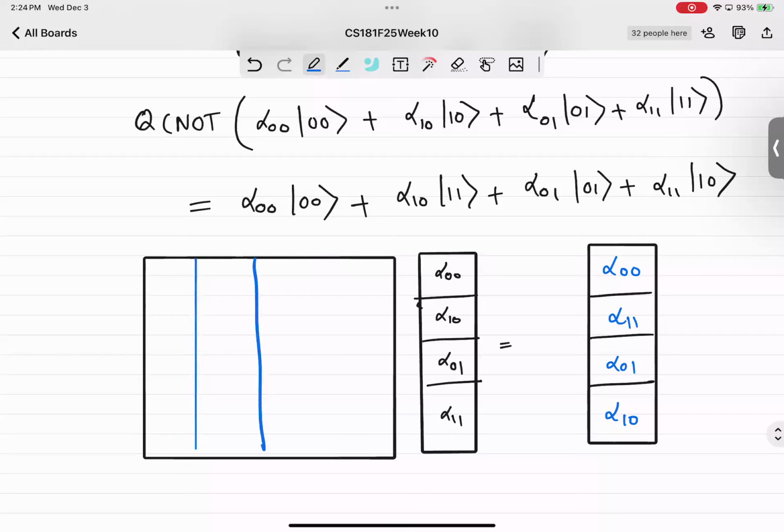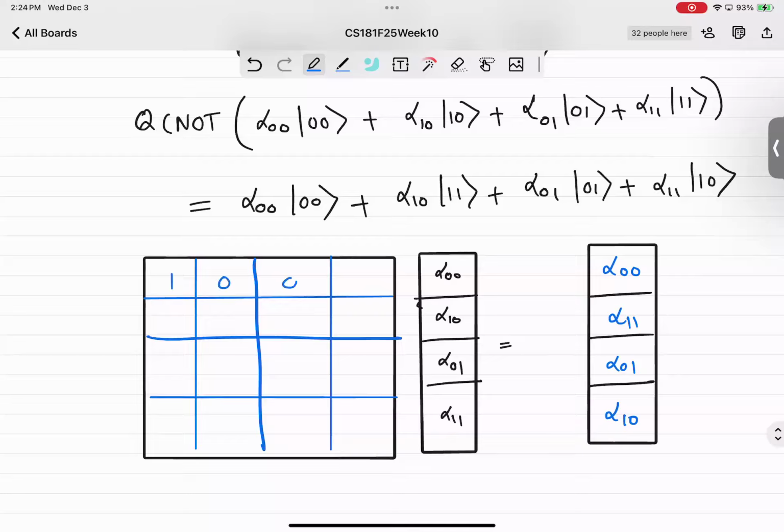Sometimes you can guess it. Once you guess it, you can write down exactly what it's supposed to be. So the first coordinate is not changing, so this is what it should be. And the third one is not changing, so the third one should also just be 0 0 1 0. And the last two things are getting swapped, so I'm just going to write that down.